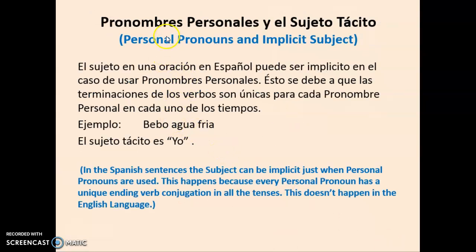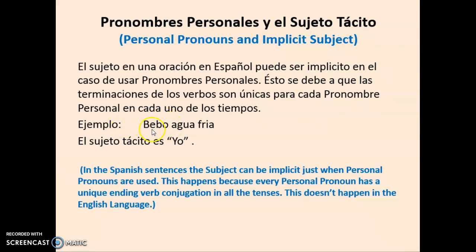And the personal pronouns that are implicit are called sujetos tácitos. What does this mean? It means that you can put a verb without personal pronoun and still having meaning. Why? Because in Spanish, the verb is having the ending of the person or the personal pronoun that is doing the action.